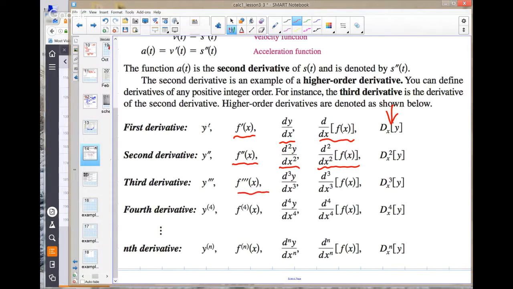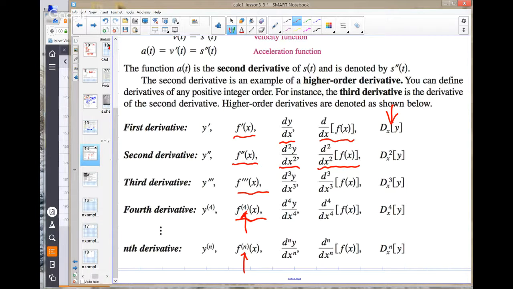Third derivative, fourth derivative. Notice we changed, otherwise we'd have a picket fence of apostrophes. Now they just put a little 4 in parentheses right there. Nth derivative. So after we get to 3, then we go to this little number in parentheses notation.